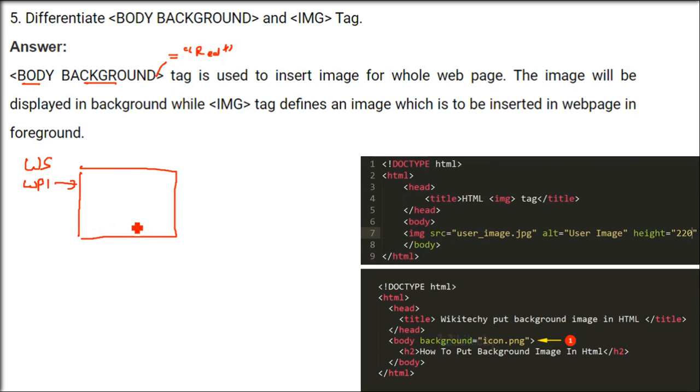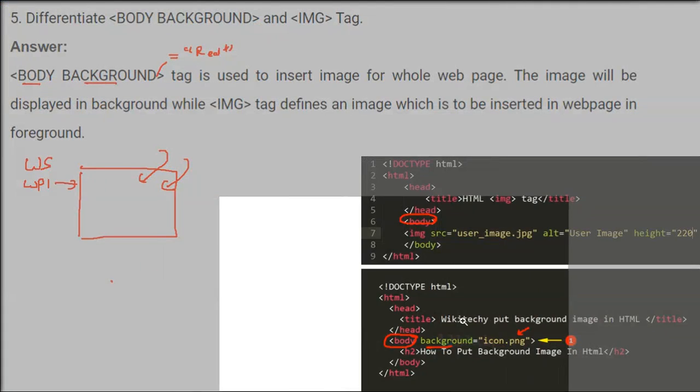Okay, green will come, red will come. But now you want to show an image in the background. You don't want to show a color. By default there will be a white color if you don't give anything. But if you want to show your picture or, say, a watermark behind this page, behind whatever content will come, you need to have a background image. For that you'll use background equals to some image.